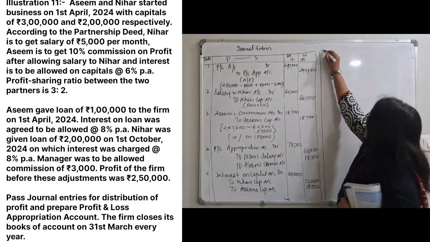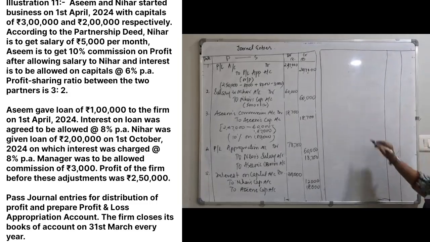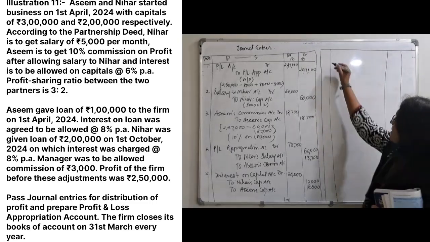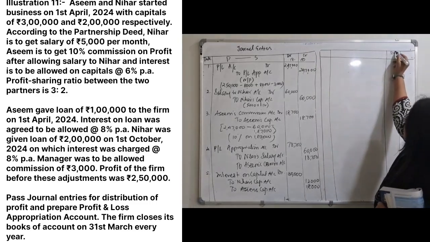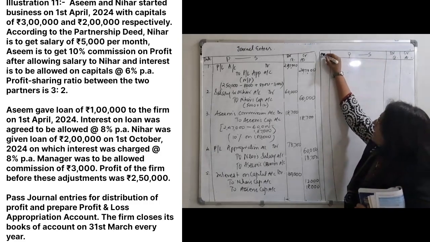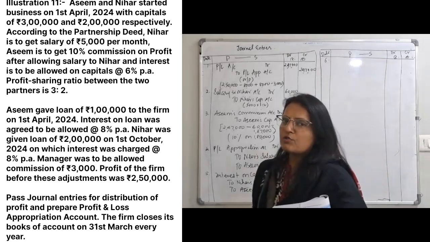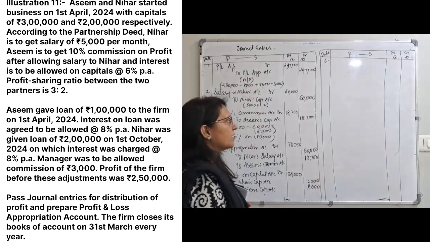Next journal entry I am doing here. Debit, credit, rupees, particulars and date. Next one will be sixth one. This interest on capital we are going to transfer to profit and loss appropriation account.